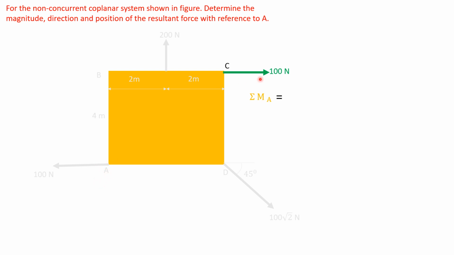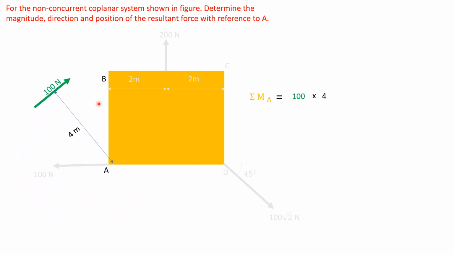Now, taking the moment of this 100 Newton force about point A, the force moves along its line of action and rotates about point A with a perpendicular distance of 4 meters.